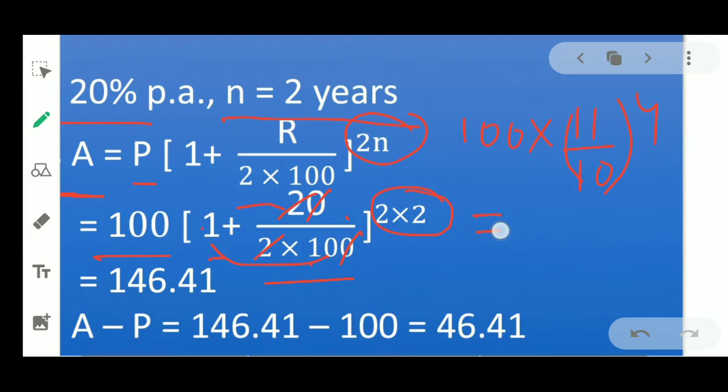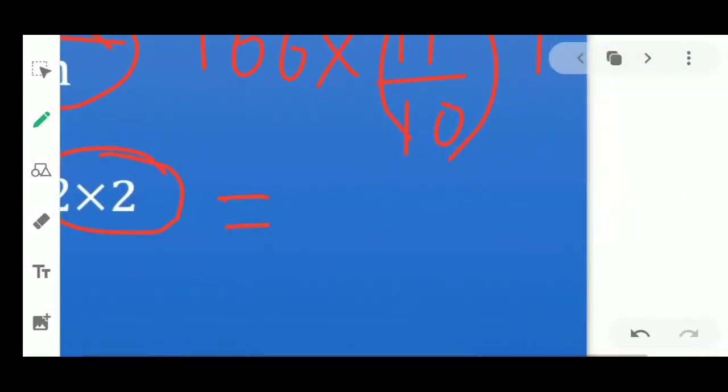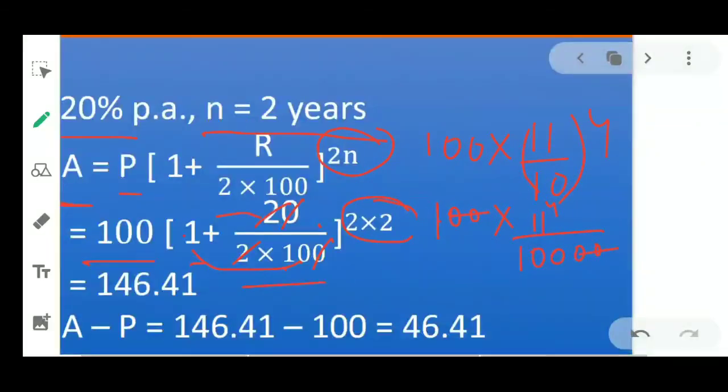So now this will be 100 into 11 to the power 4 by 10,000. Okay, now the zeros will be cancelled here. Now 11 to the power 4 will be 146.41 by 100.